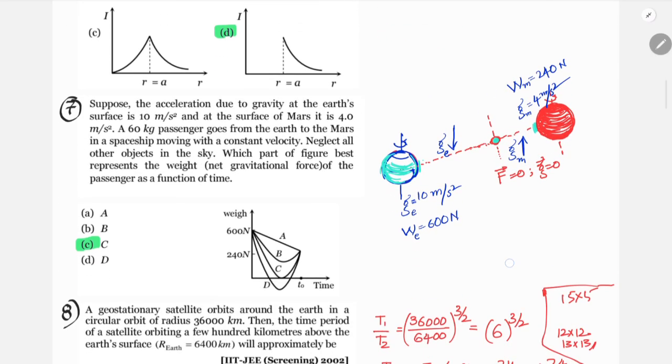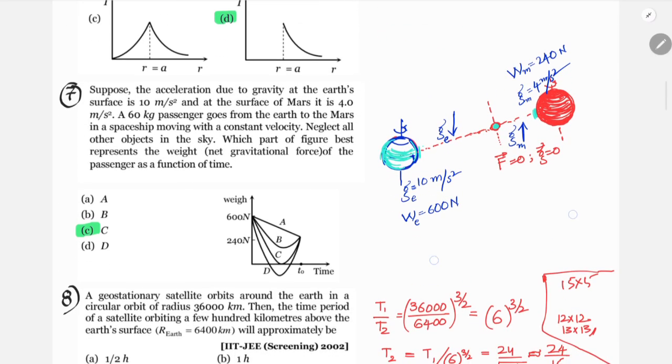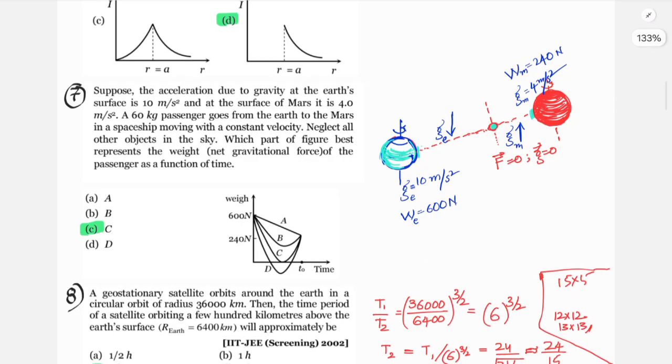Next one is the seventh one. You need to know how the g value changes. Two planets are given, one is Earth and another one is Mars. On Mars the acceleration due to gravity is 4 meter per second square.